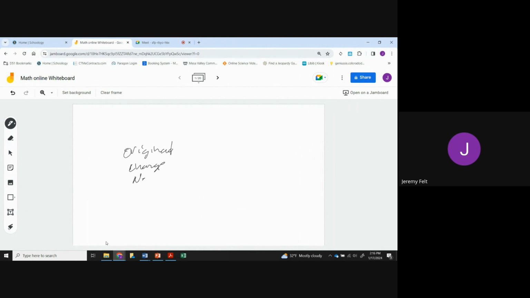Original, change, and new, percent, and our money. So we were told $20 was the original, 100%. They marked it up 75%, so it's now 175% of the original. We want to know the new price.